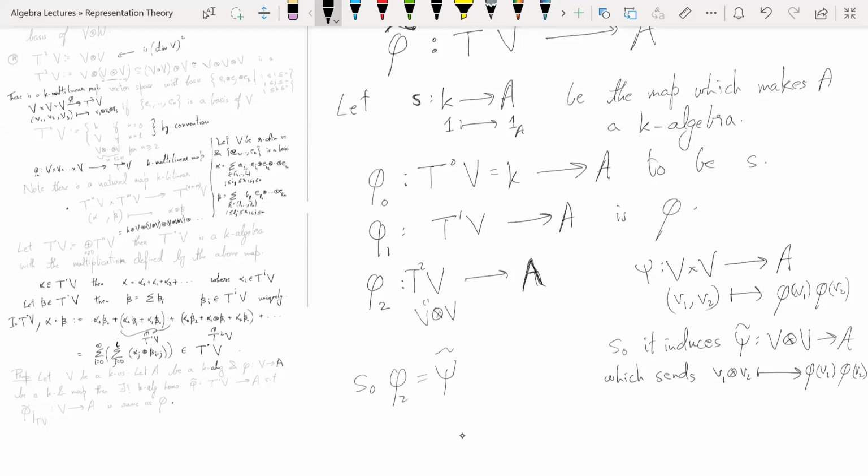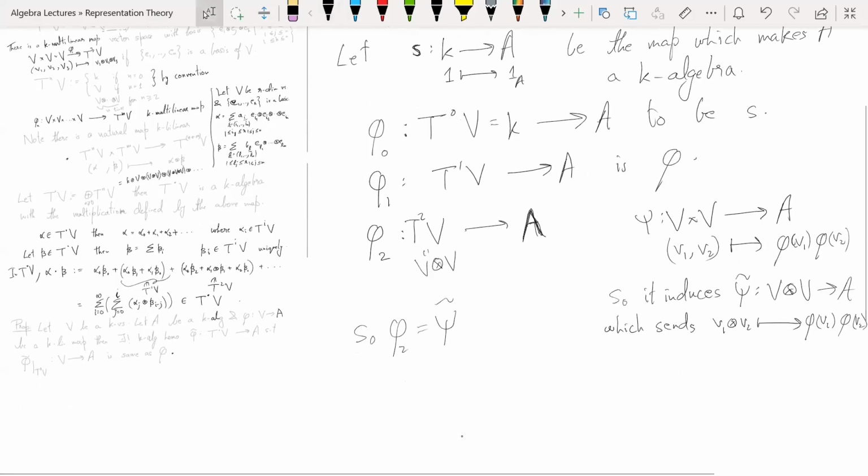So I've used the universal property of tensor product, but one can also see what this map is explicitly, because the tensor product of V with itself is somewhat explicit. Not every element is of the form v1 tensor v2, but sums of these; it's generated by these kinds of elements. So for each such element you know where it's going to go, and then you extend it linearly.